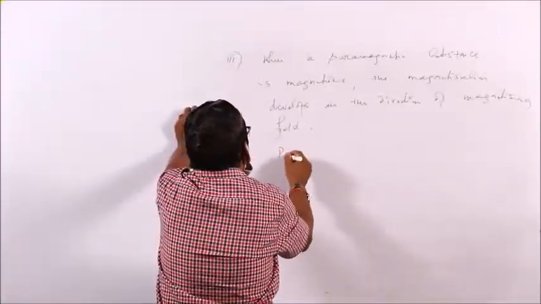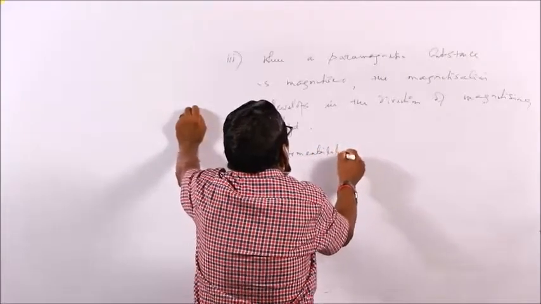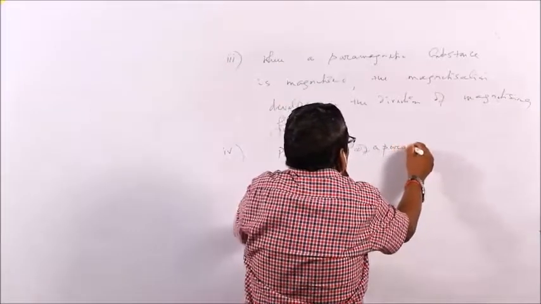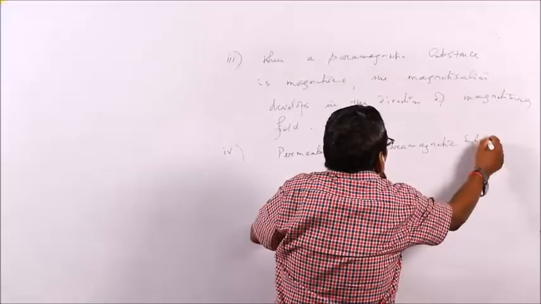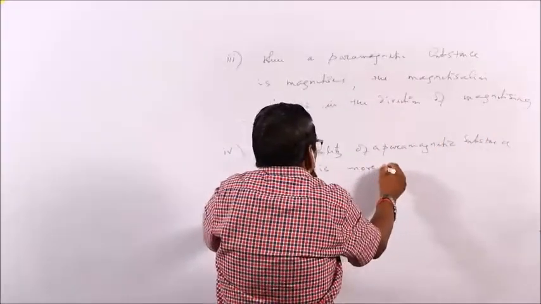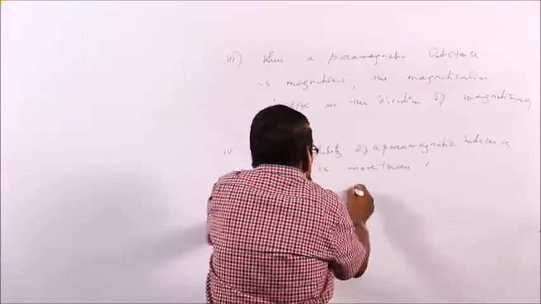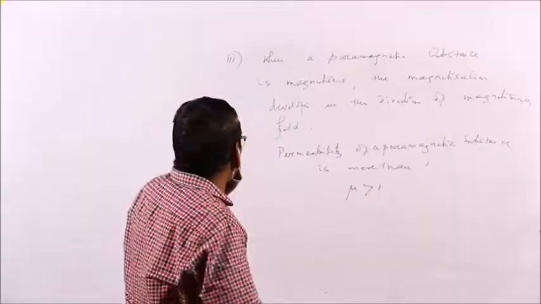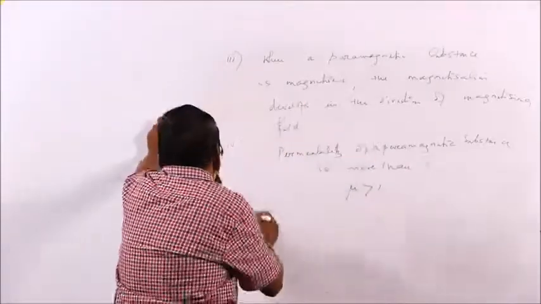Permeability of a paramagnetic substance is more than 1. Clear?